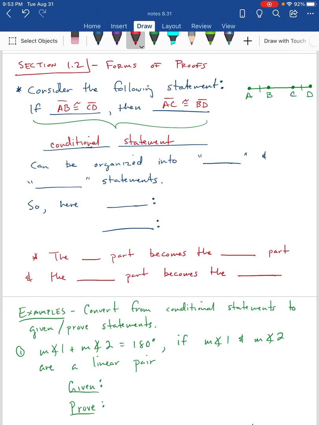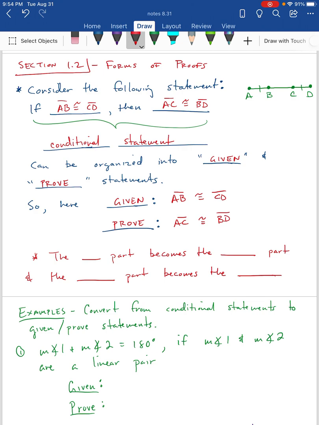Okay, now we can go ahead and organize this into something else to use for proofs. This can be organized into given and prove statements. Okay, so here my given information is that segment AB is congruent to segment CD, and I am trying to prove that segment AC is congruent to segment BD.